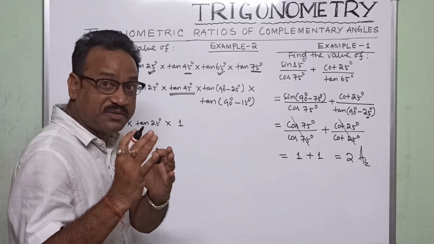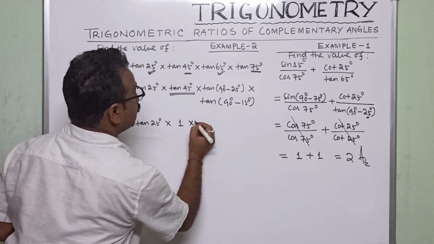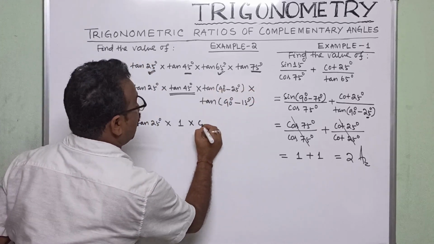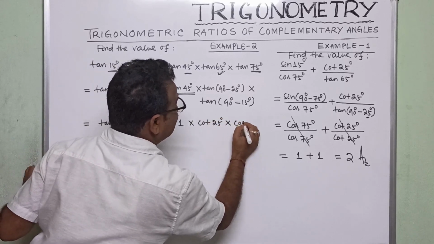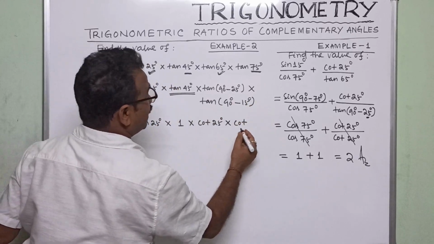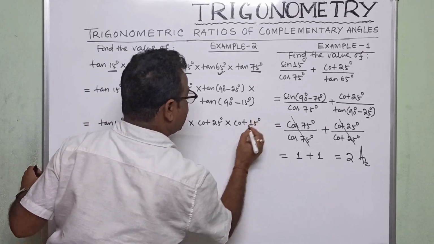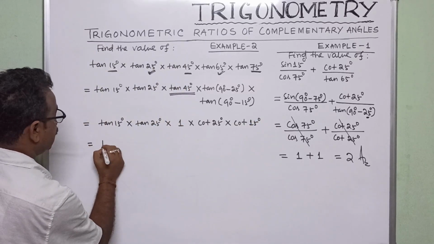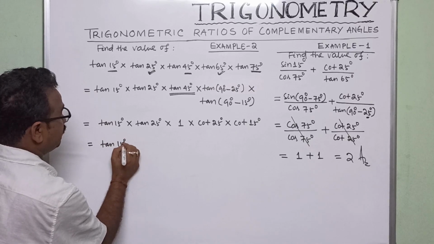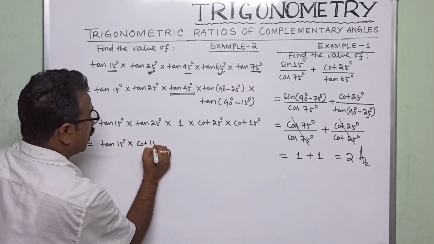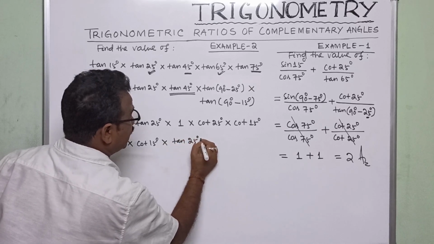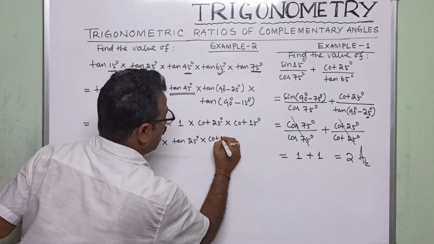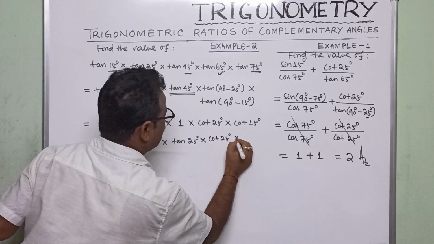Into tan 90 minus theta, which is cot 25 degree, into tan 90 minus theta again, which is cot theta, into cot 15 degree. That is equal to, arranging, tan 15 degree into cot 15 degree into tan 25 degree into cot 25 degree into 1.